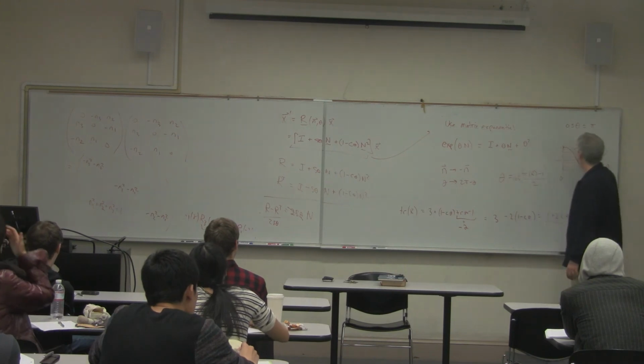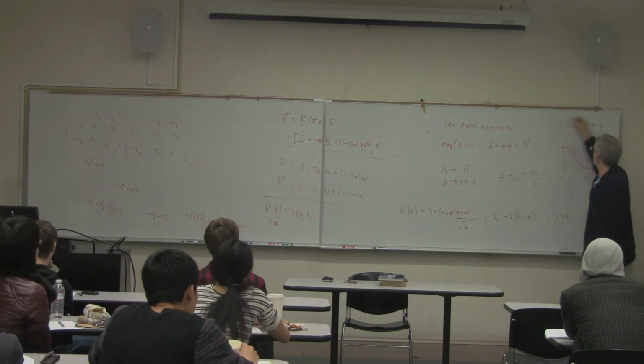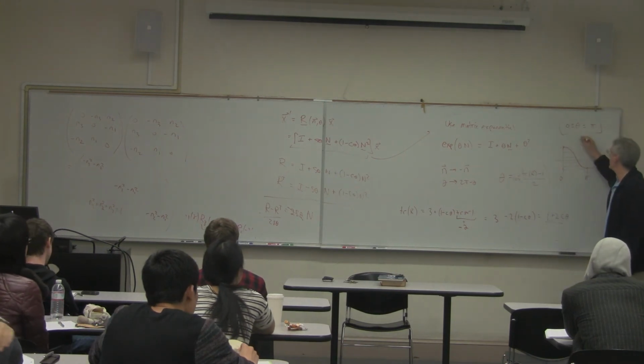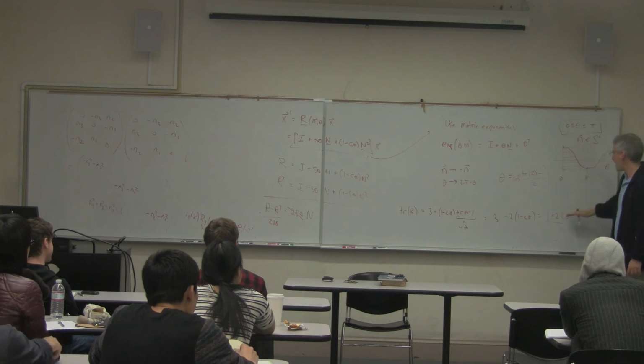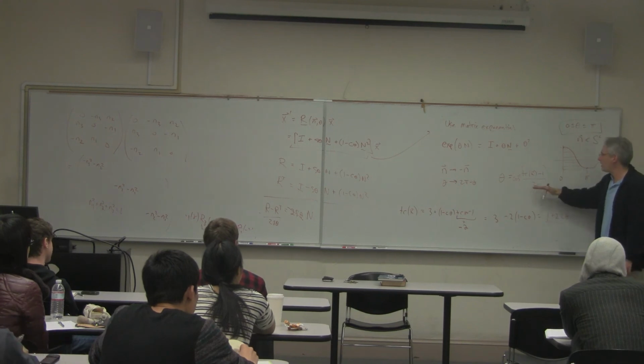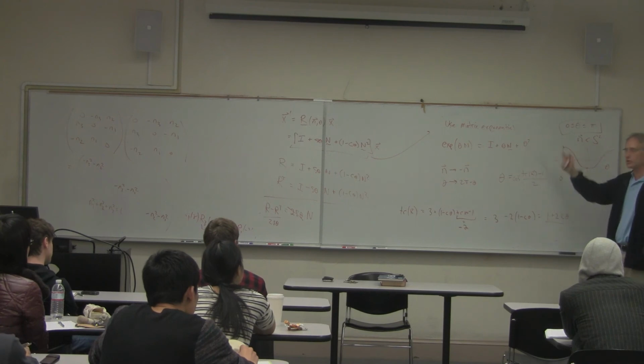So to avoid redundancies like that, we keep theta in this range, and we allow n to be in the unit sphere. And so when we do that, we can uniquely recover theta just by this formula. You give me a rotation matrix, I take its trace minus 1 divided by 2, take inverse cosine, that gives you the theta, the angle of the rotation.